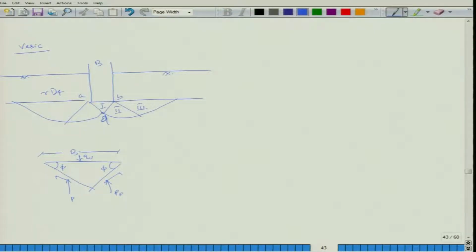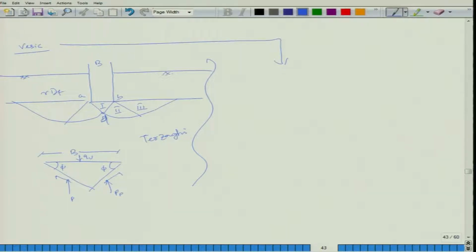That is what I have explained earlier in Terzaghi's bearing capacity theory. Now you come back to Vesic. This is your Terzaghi. Now come to Vesic, what the basic assumption is.